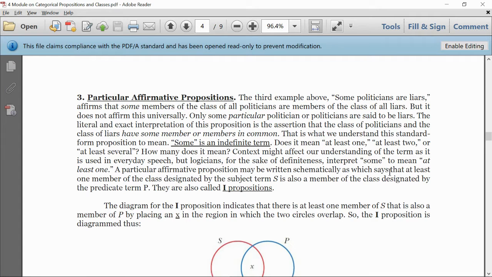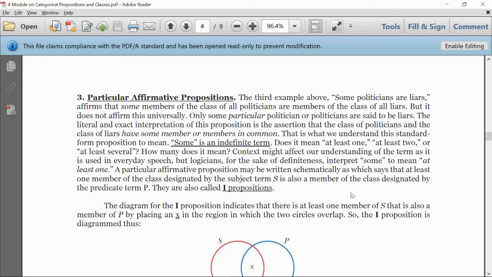So this proposition, particular affirmative proposition, is called an I proposition. So the diagram for the I proposition indicates that there is at least one member of S that is also a member of P by placing a small letter X in the region in which the two circles overlap.